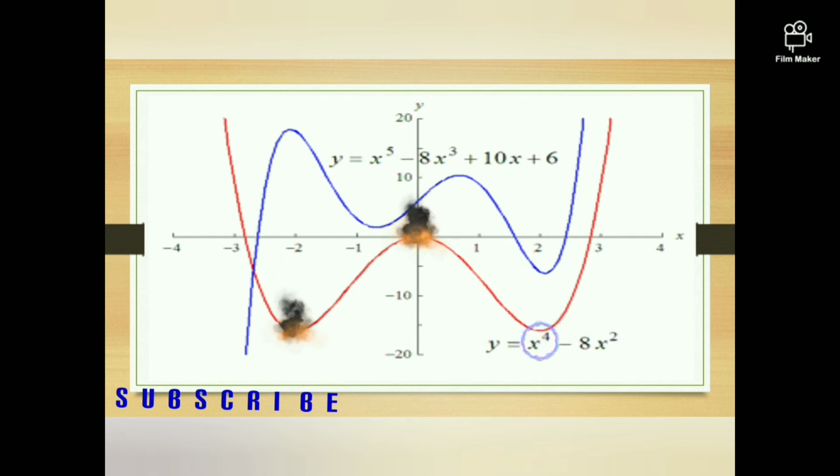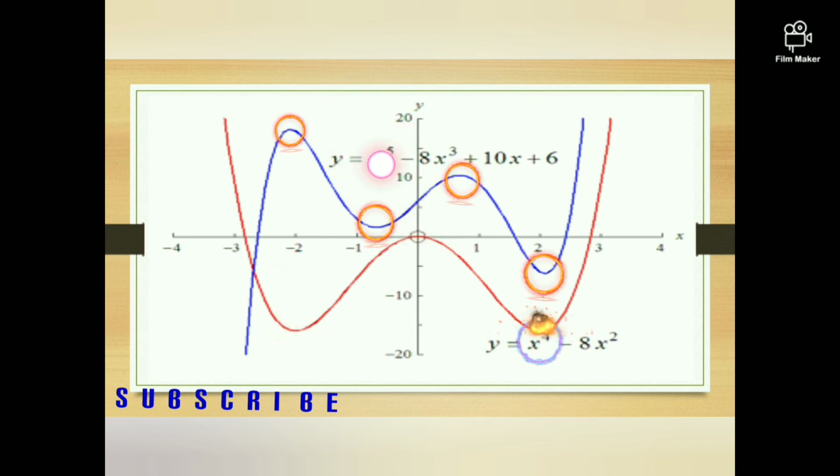What do you mean by that? Meaning, the number of turning points cannot be higher than its degree. That's why the blue sketch of the fifth degree has n minus 1, or 5 minus 1, equal to 4 turning points.